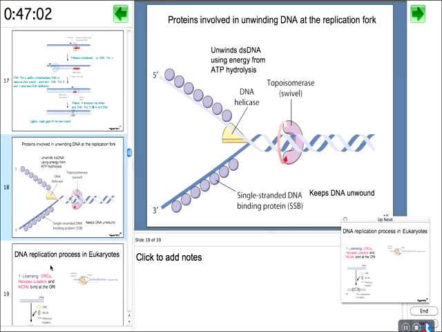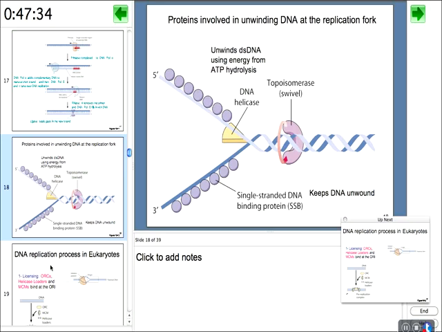The other one I want to add in, we've talked about helicase as being an unwinding enzyme. But that unwinding actually creates a bit of a problem. Unwinding creates tension in the DNA strand. If you think about a double helix that's coiled together, if you open it up here, it's going to cause supercoiling on each side, right? It actually winds the strands tighter together, which creates tension and possible stress on the DNA.